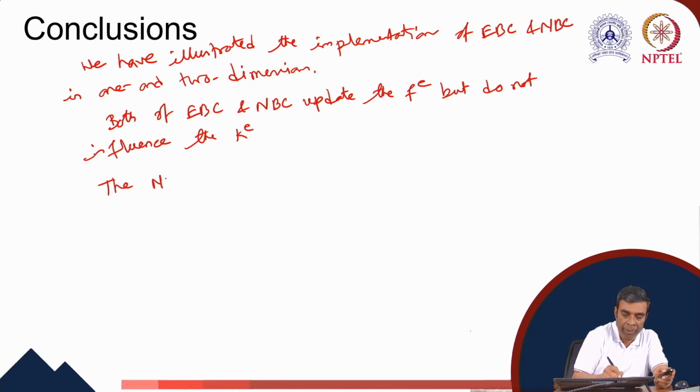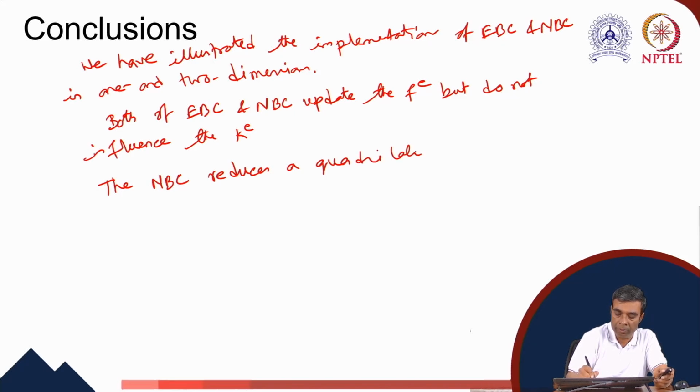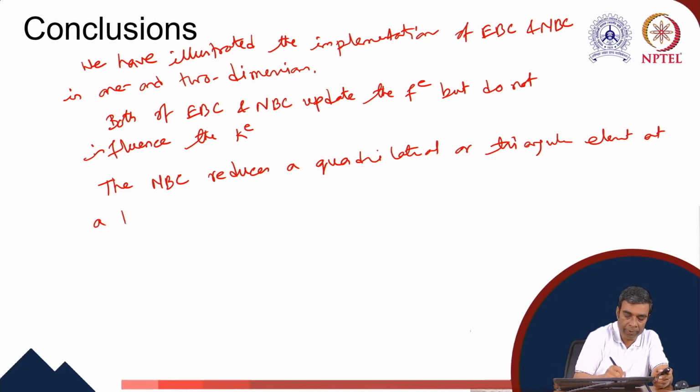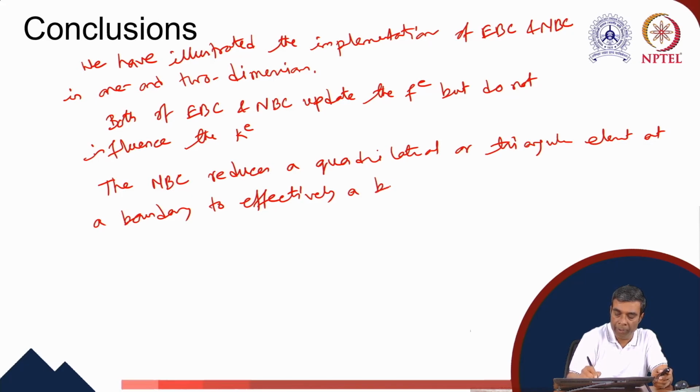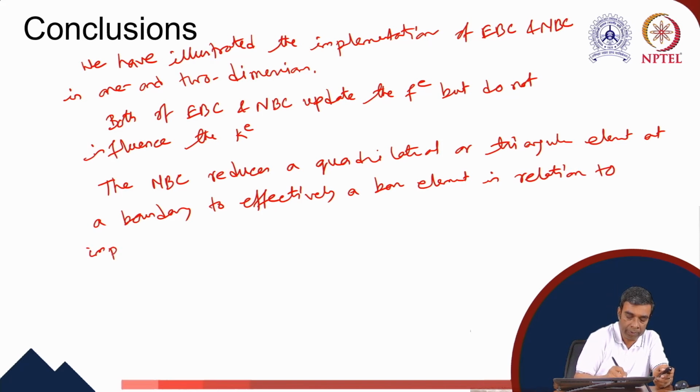The NBC reduces a quadrilateral or triangular element at a boundary to effectively a bar element, in relation to implementation of EBC.